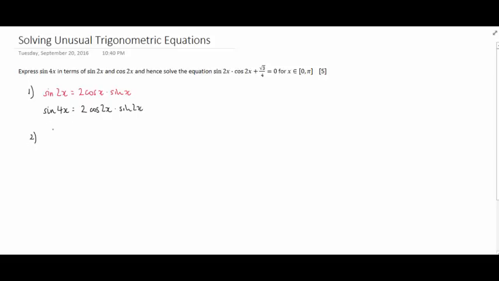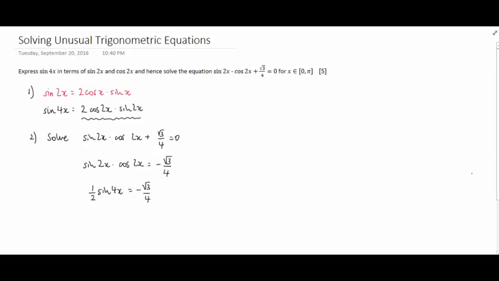Now we have to use this information to solve sine 2x times cos 2x plus root 3 on 4 equals 0. First of all, we would start by moving that root 3 on 4 over to the other side of the equal sign, and then noticing from the first part that sine 2x times cos 2x is half of sine 4x.